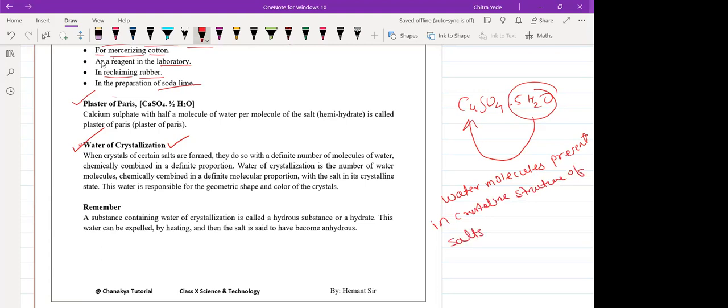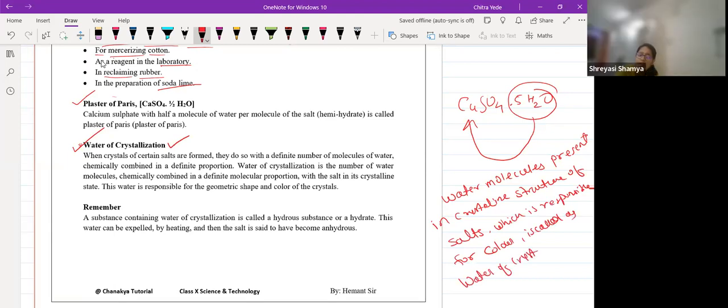Okay, the water molecule present in the crystalline structure of a salt, which is responsible sometimes for color, is called water of crystallization.